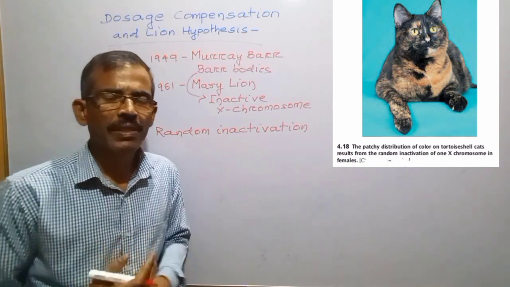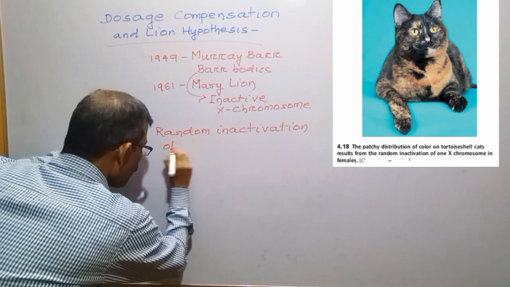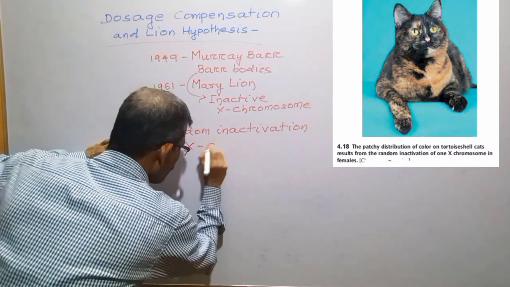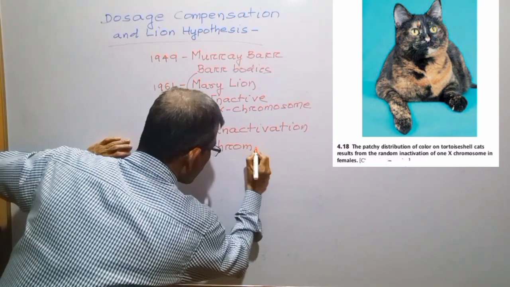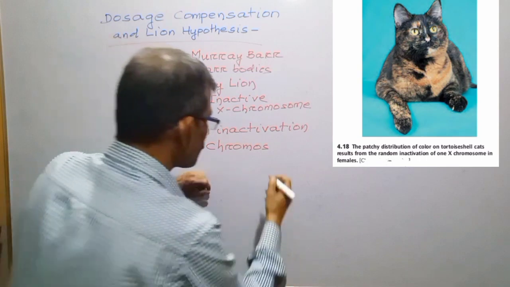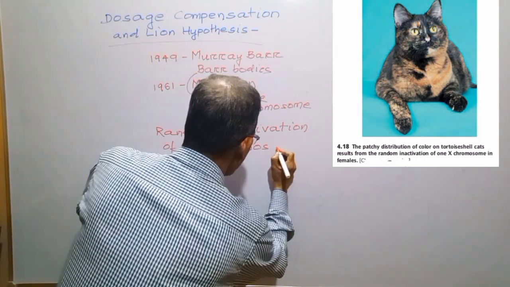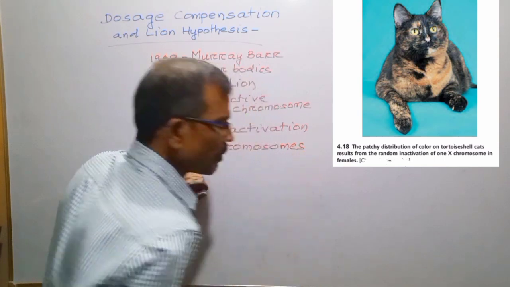Dosage compensation takes place due to random inactivation of X chromosomes that occurs early in development. In human beings, inactivation of X chromosome takes place during the first few weeks of development.